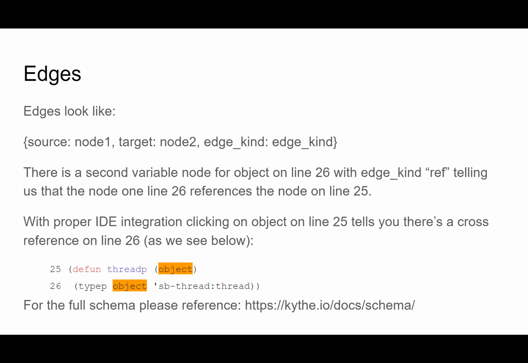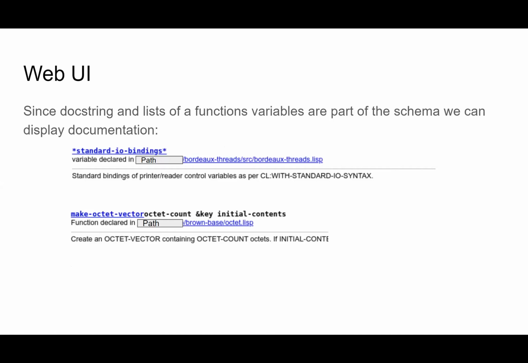Now, there's a large schema for Kythe. You can annotate multiple things. You can make a node for docs. Please go to the IO doc schema to see more. Okay, so what does this get you?